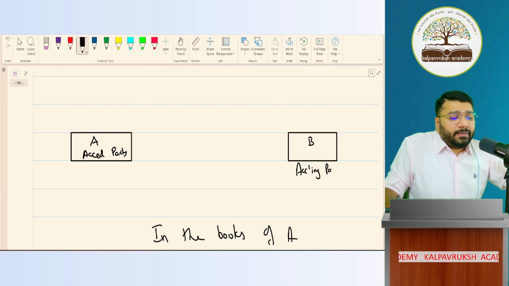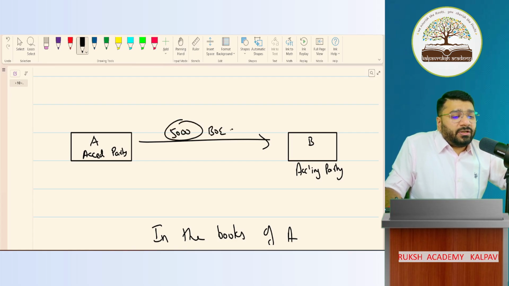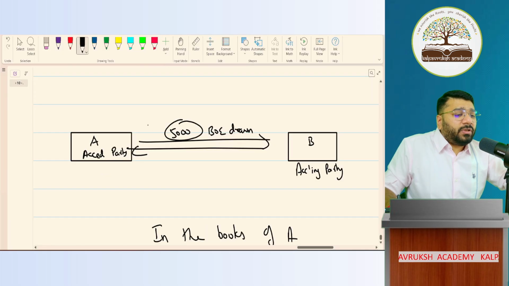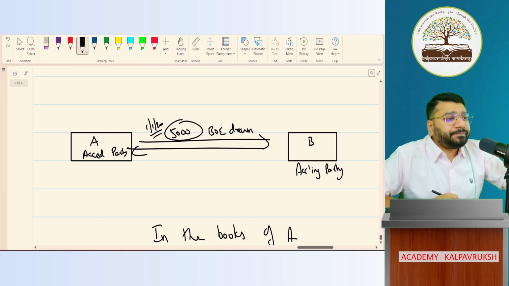Accommodating party. So A has drawn a bill of rupees 5,000. Bill of exchange drawn on B, to which B has accepted and given it back. All this is happening on what date? 1st Jan 2020. Tell me, people, what will be the entry?